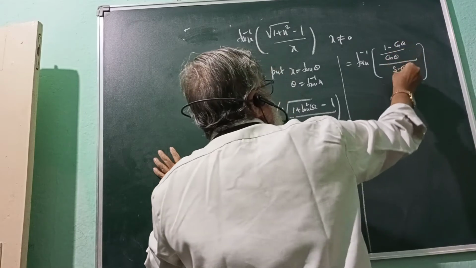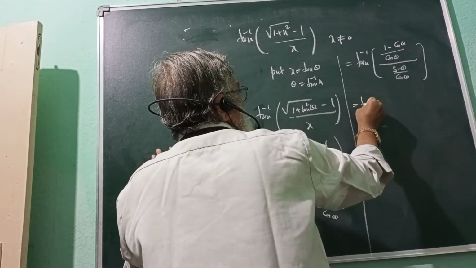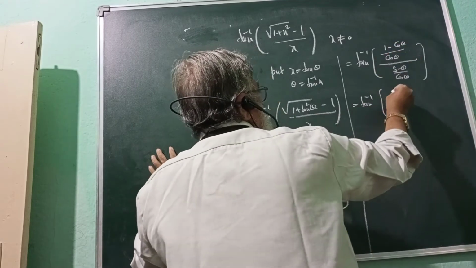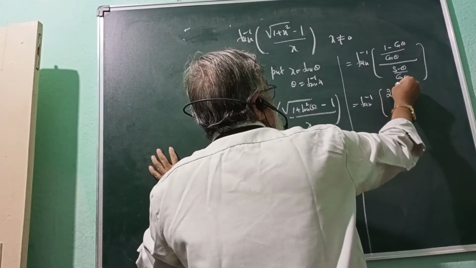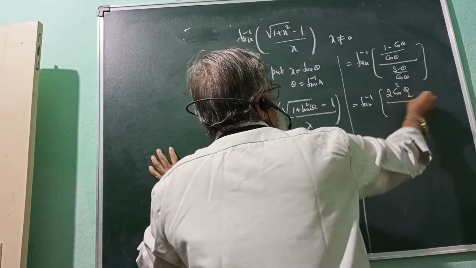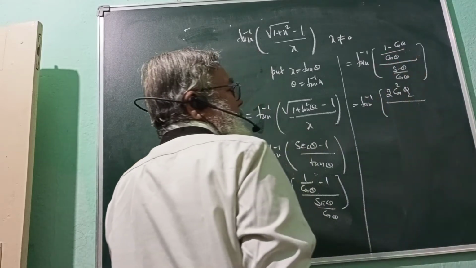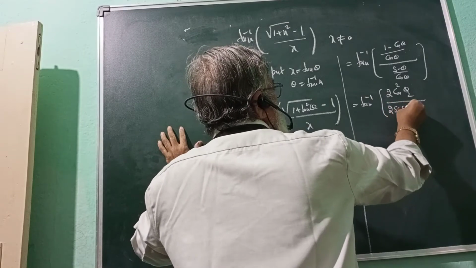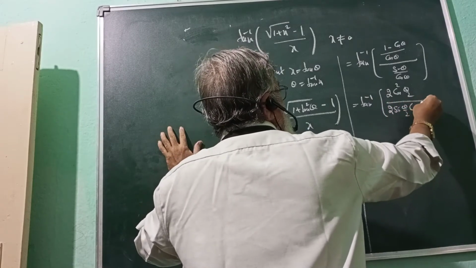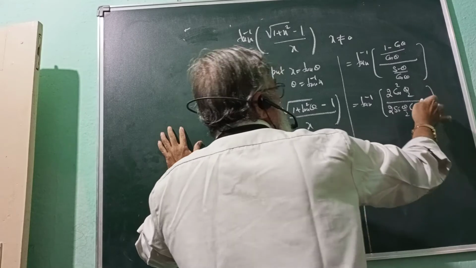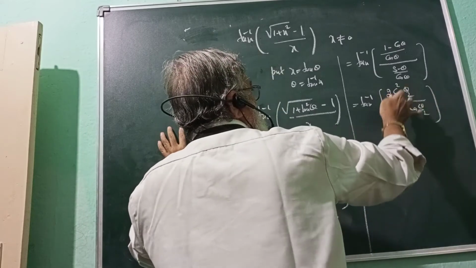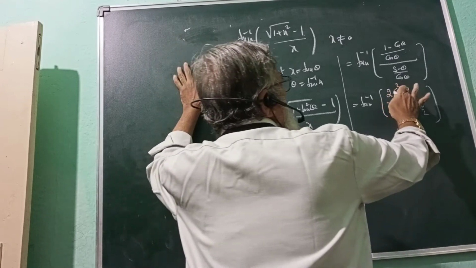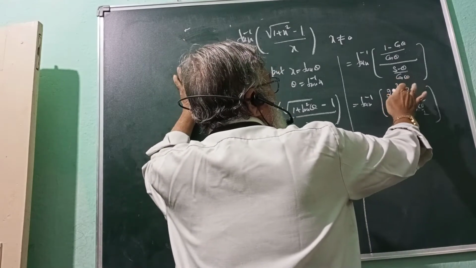Now cos theta gets cancelled, and we apply the half angle formula again: 1 minus cos theta is 2 sin square theta by 2, divided by sin theta, which in half angle will be 2 sin theta by 2 into cos theta by 2. Sin cancels with sin, 2 cancels with 2, sin by cos remains.